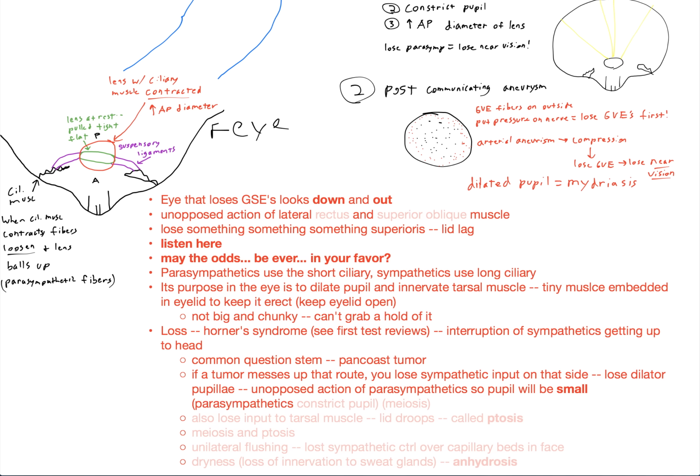So you've got miosis. Along with miosis, you've also lost your input to the superior tarsal muscle. So now your lid droops. That's called ptosis. P-T-O-S-I-S. Miosis and ptosis.